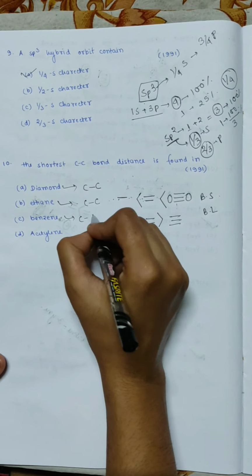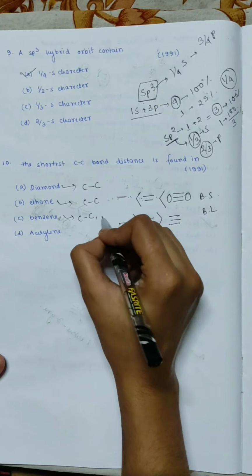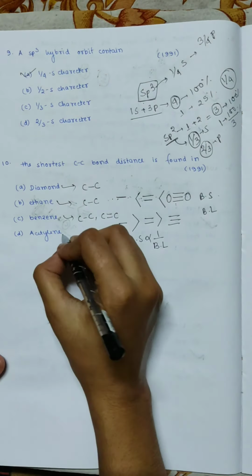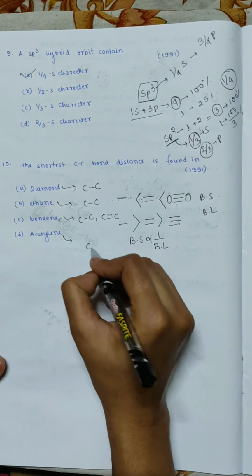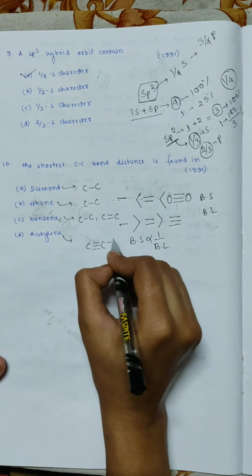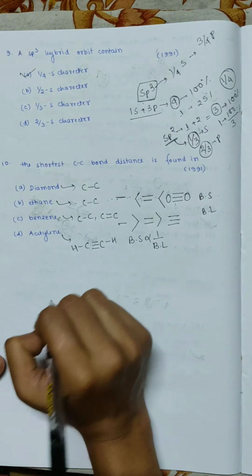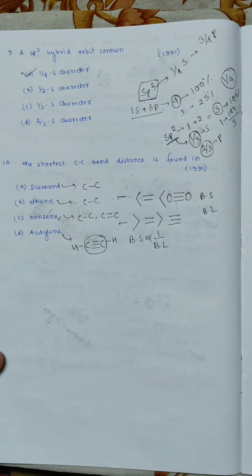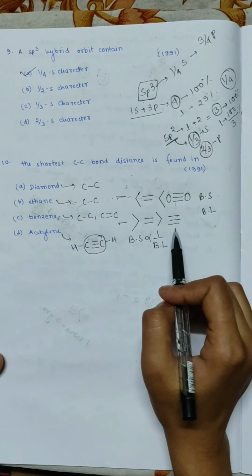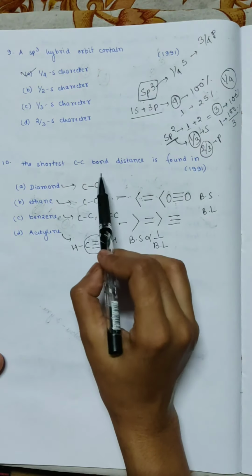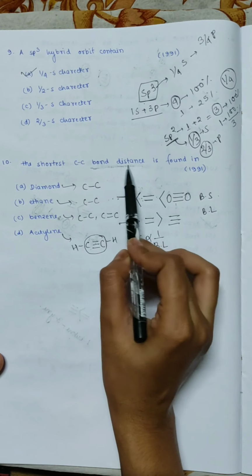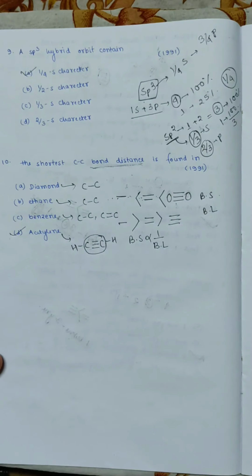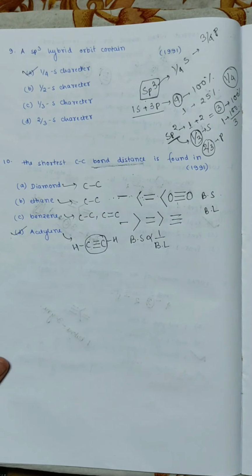There are 3 carbon-carbon single bonds and 3 carbon-carbon double bonds. Now coming to acetylene, the compound looks like this. In this case we can see that there is a triple bond between two carbons. So from this study we can easily say that the bond length or bond distance will be shortest in case of acetylene. So option D will be the right answer.